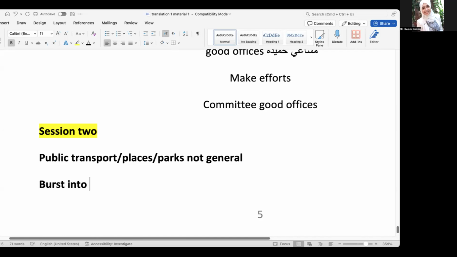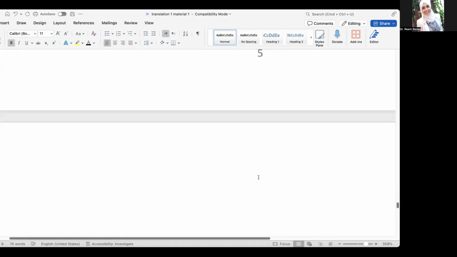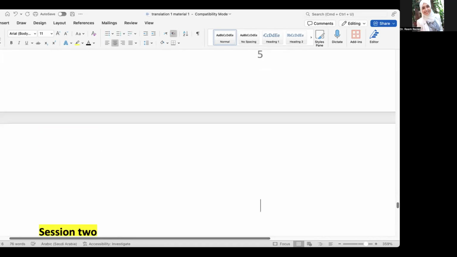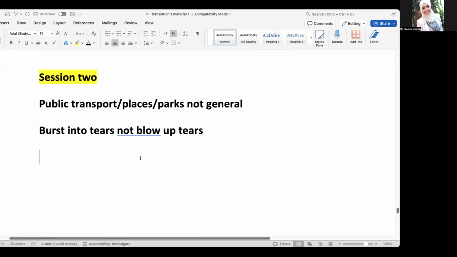وأظرف الدموع, النار. So these collocations you have to pay attention to when you start to translate.